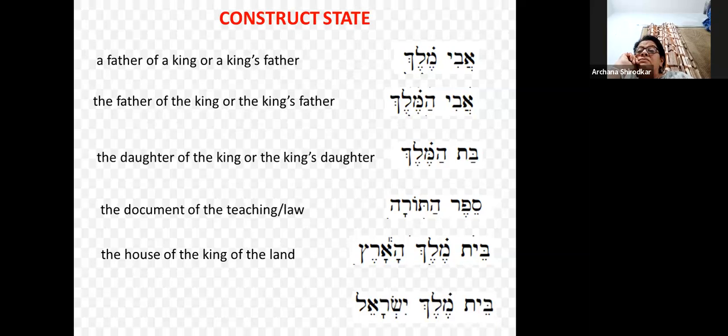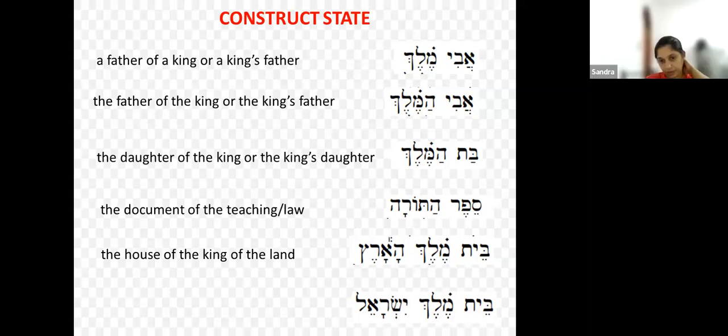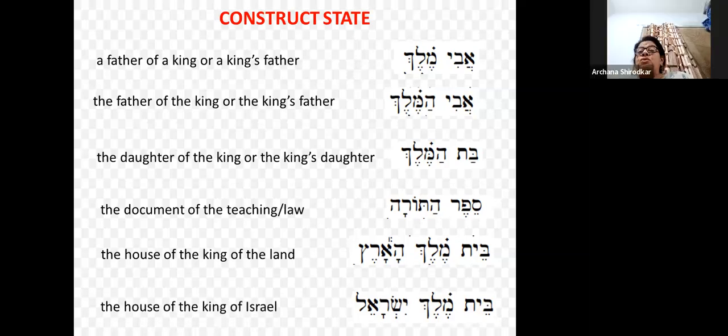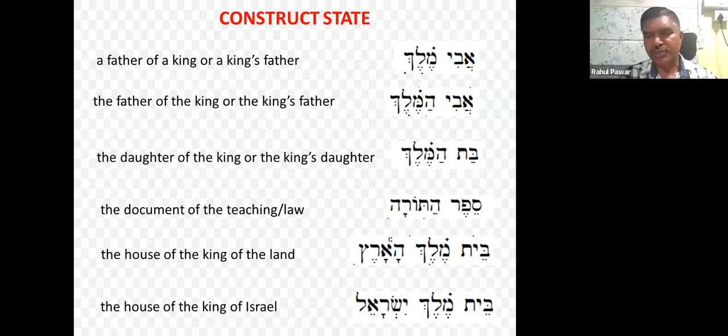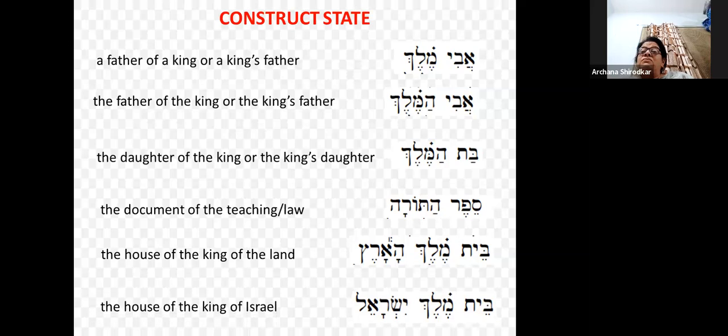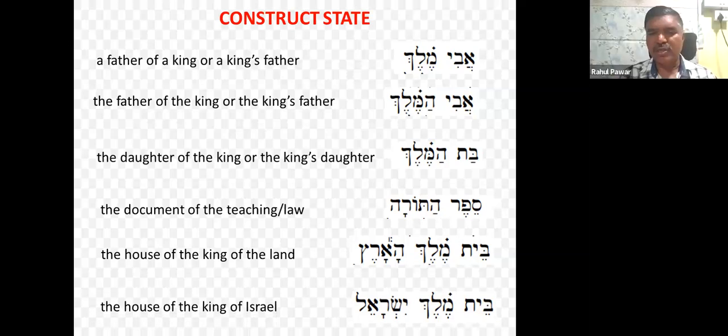This one, Beth Melech Israel. The house of the king of Israel. Israel is a proper noun, so we cannot put an article there.